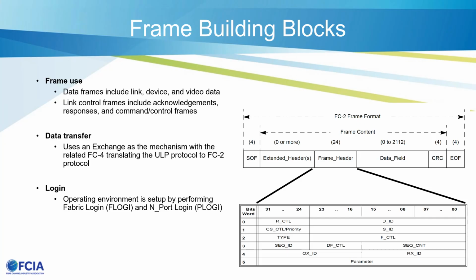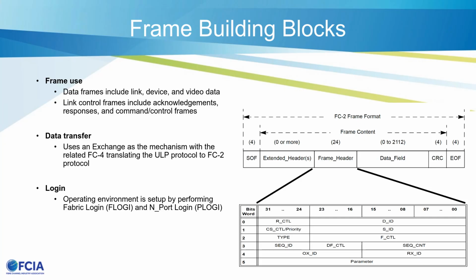Extended headers, I don't want to talk about too much, but there is a frame header in each one of these. And the frame header has multiple different fields inside of it that we're not going to get into too much. Howard will get into a little of them. But you can see that the DID and the SID, those are the end port IDs, otherwise known as the addresses, that were received by the host and the target during the flogging process.